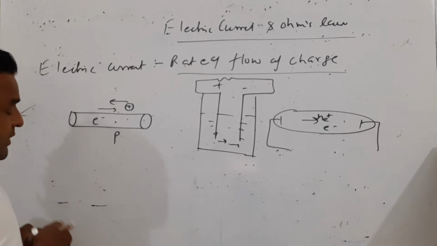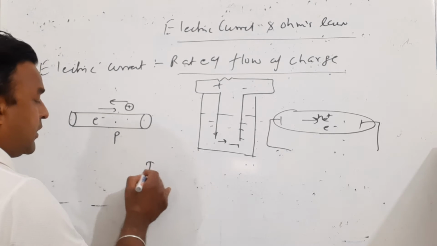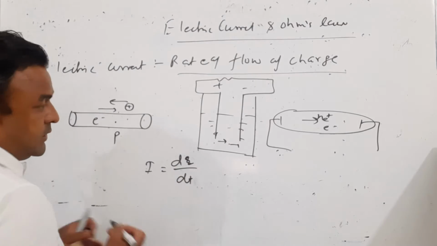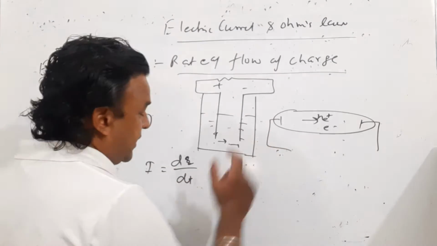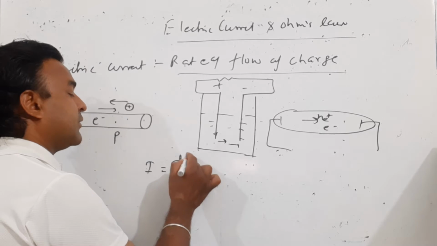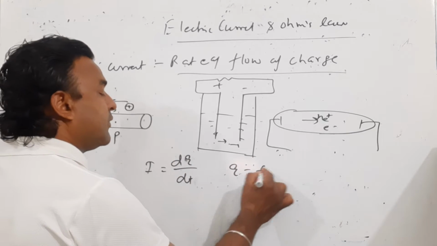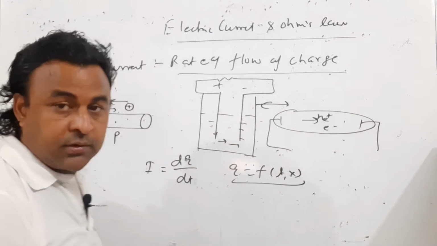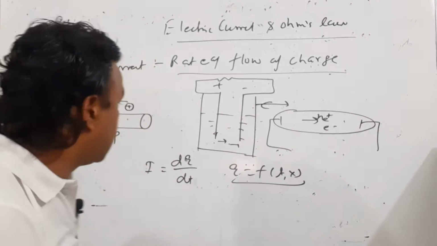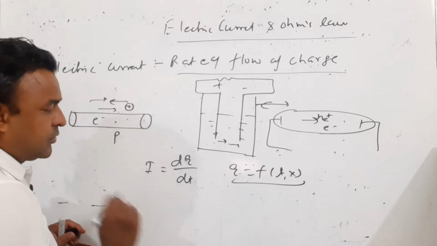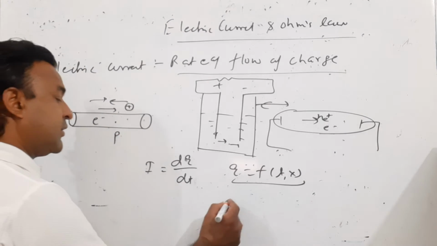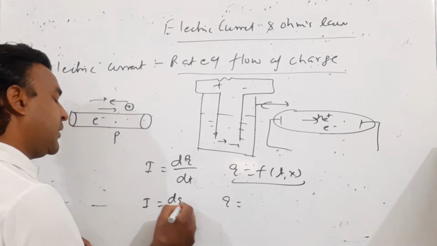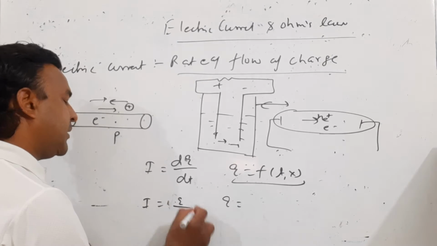So in general, we write the rate of flow of charge in differential form as dq upon dt. This can happen here, that the charge q is a function of time and space. In these two cases, in general, it may happen. But in case of wires, very soon the rate of flow of charge becomes uniform, so I equals dq upon dt, or I can simply be defined as q by t.